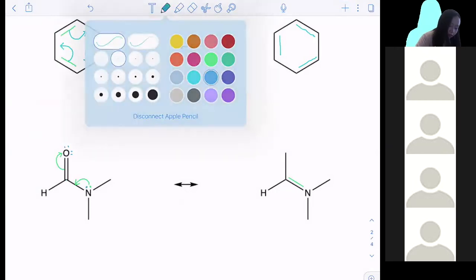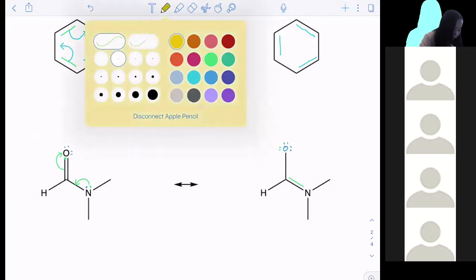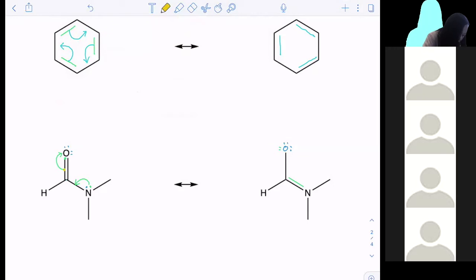Second, oxygen, 1, 2, 3, 4, and then there is a pair of lone pairs. So actually one of them is originally itself. The one that is moving is the one here, okay?